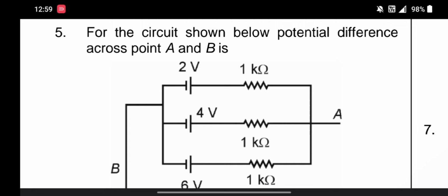The batteries are varied: first is 2, next is 4, next is 6, sorry, volts, mistakenly I said ohms. 2 volts, 4 volts, 6 volts.